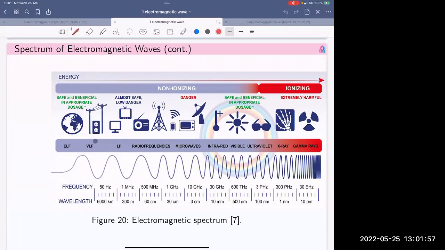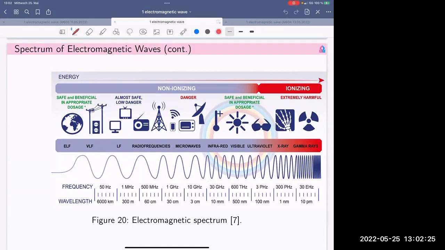Okay, here you can see this electromagnetic wave. It can be emitted from the electrical socket at your home, and there will also be some electromagnetic wave induced from the transmission lines on the transmission tower.